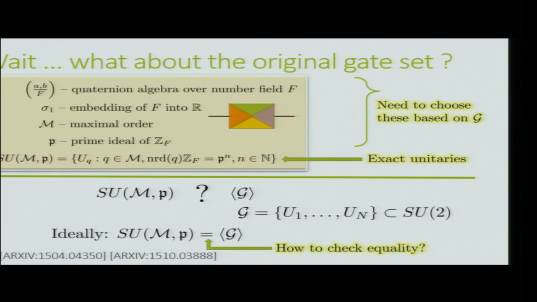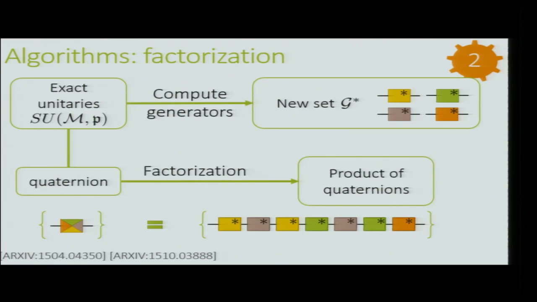You take your quaternion Q, look at its reduced norm, and do trial division to see if you can make the exponent smaller. In this way, by trial division using G star, you can get your circuit back. In a later slide I'll explain the mathematical object related to why this is possible.